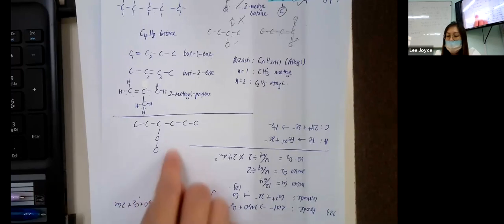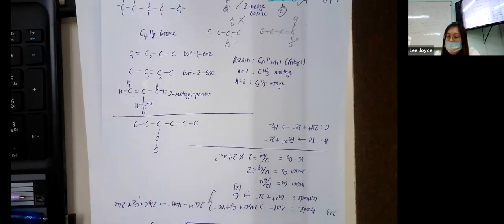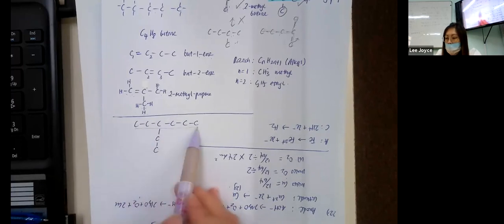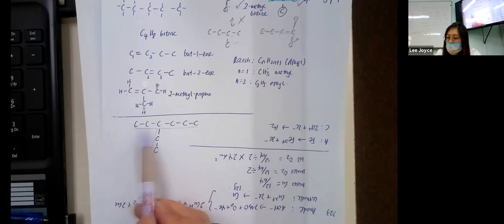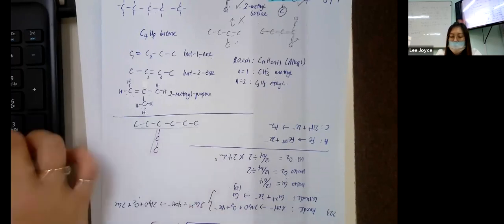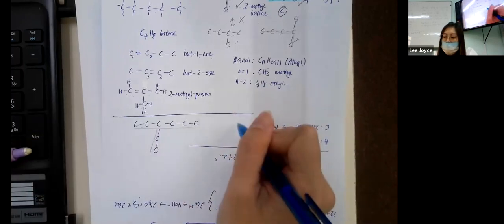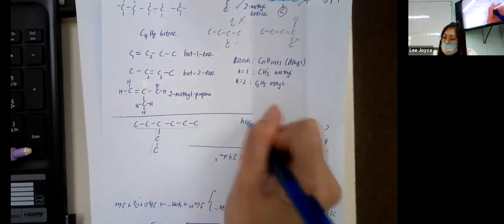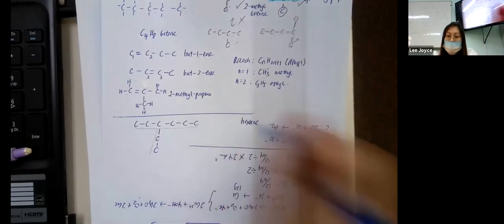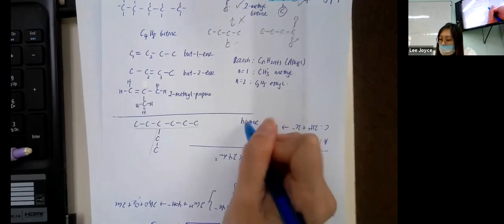So how do we name this compound? Where is the longest carbon chain? Is it the horizontal one or the L shape? Horizontal: 1, 2, 3, 4, 5, 6. If you go vertical along the L shape, it's only 5. So the horizontal one is the longest chain. That's called hexane because there are 6 carbons. So it's something-hexane.